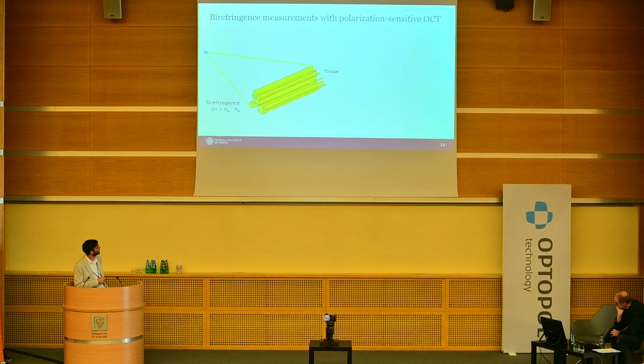The difference of these two refractive indices is called the birefringence. For example, in muscle fibers, we can observe this.